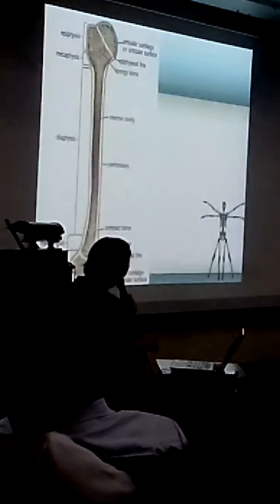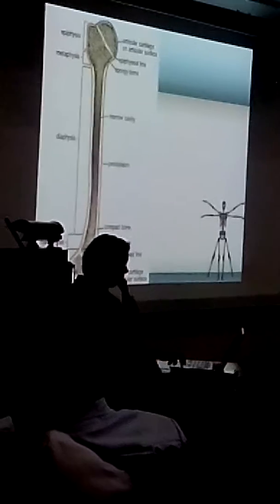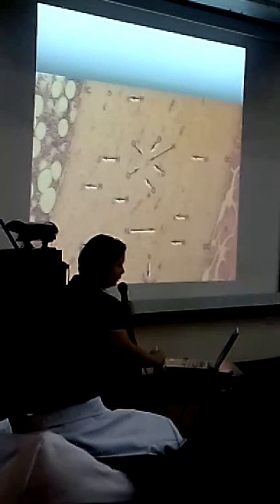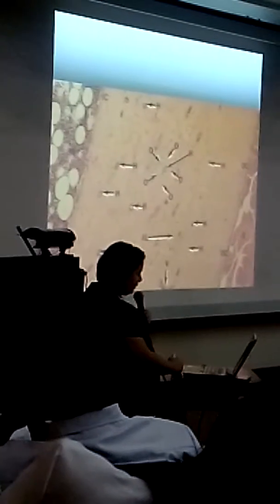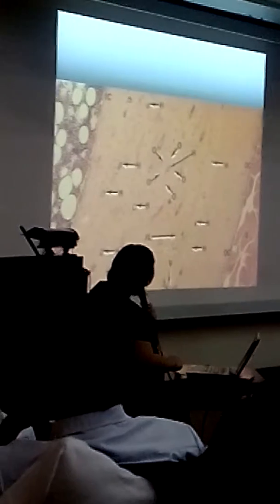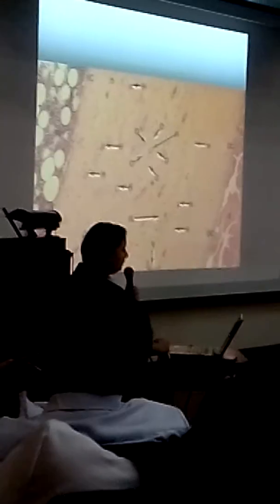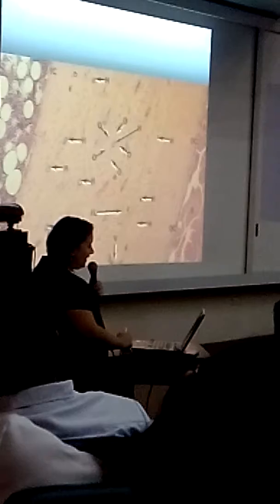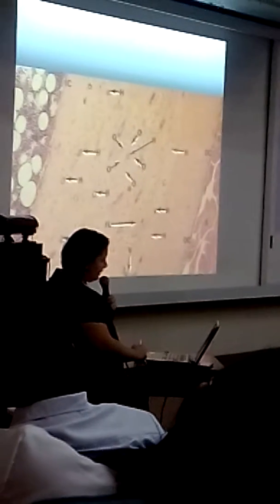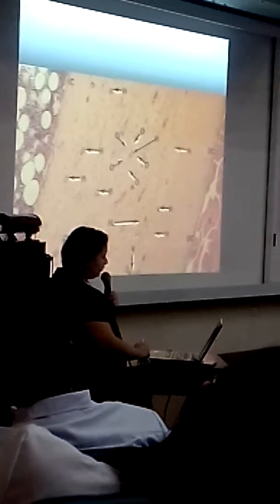So you know this is the compact bone. This is the area of the compact bone. Remember, compact bone at the diaphysis. So what is IC? There's an IC here. It's the inner circumferential lamellae, so it is circularly arranged near the marrow.